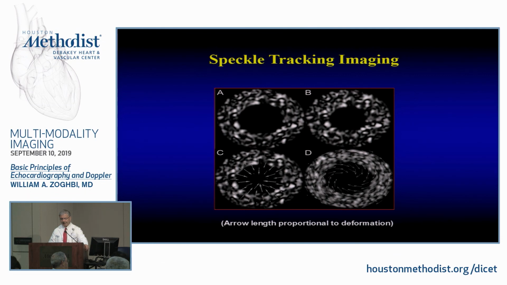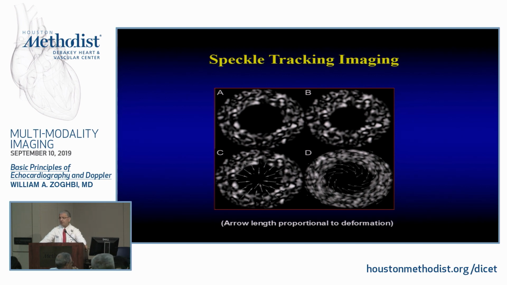And I think when I saw this about, my goodness, maybe 18 plus years ago, this abstract won a big competition, which is being able to follow the speckles of ultrasound, because tissue Doppler and velocities from tissue were available before.